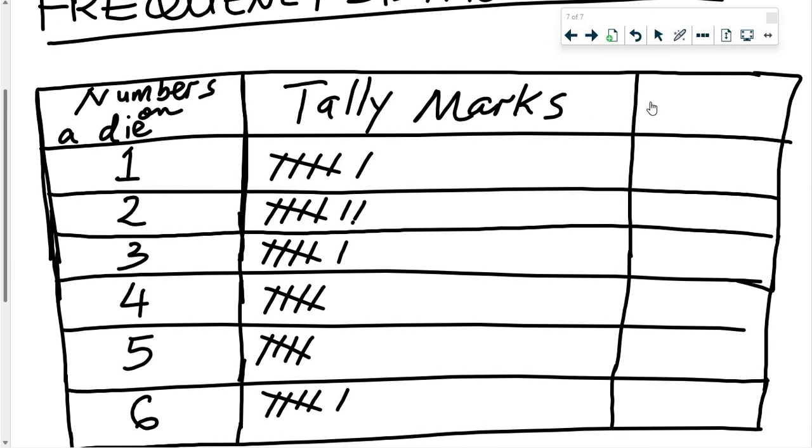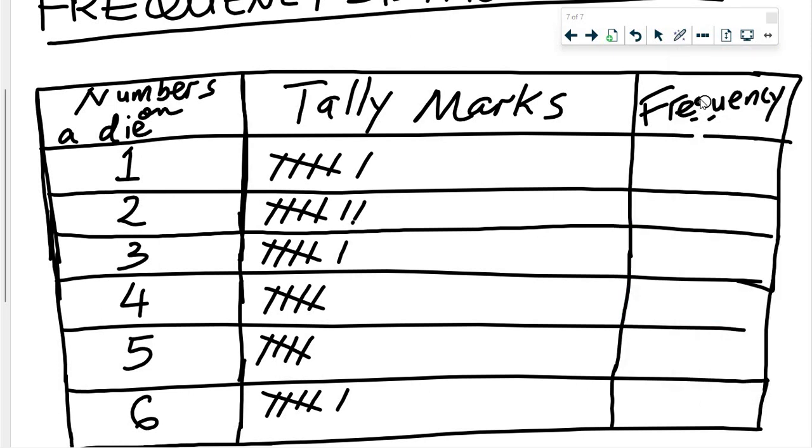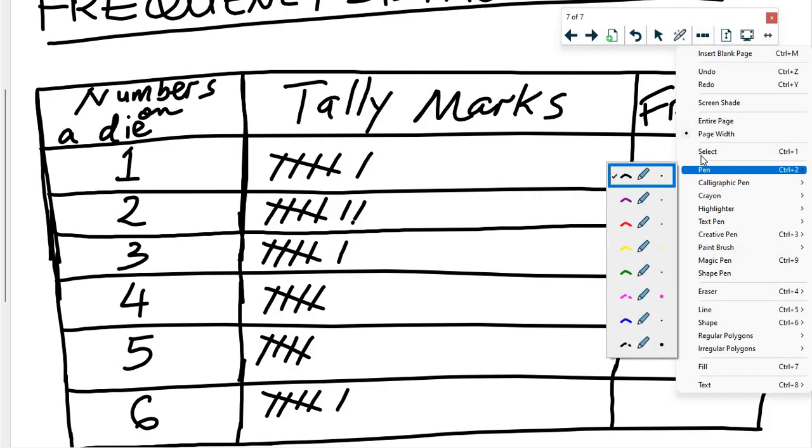Frequency is the last column. Frequency means we count. Count the tallies. So frequency stands for the count of the tallies.